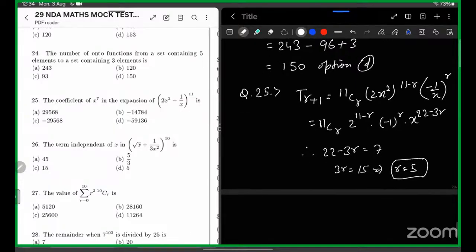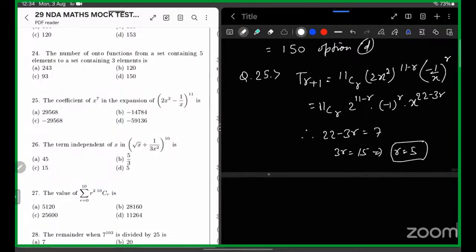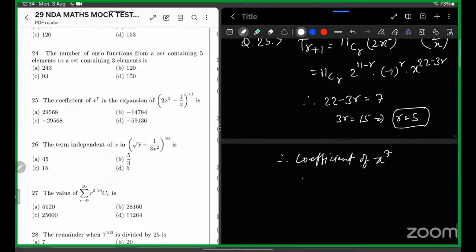Now, coefficient we need to find. Just put this value of r. Therefore, coefficient of x raised to power 7 is equal to 11C5 2 raised to power 6 into minus 1 raised to power 5.